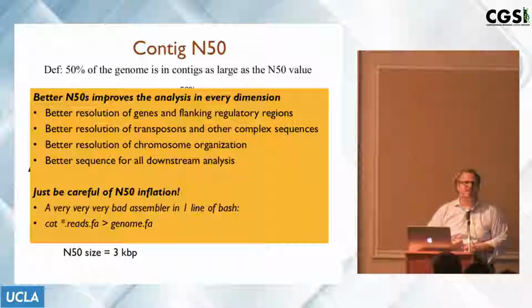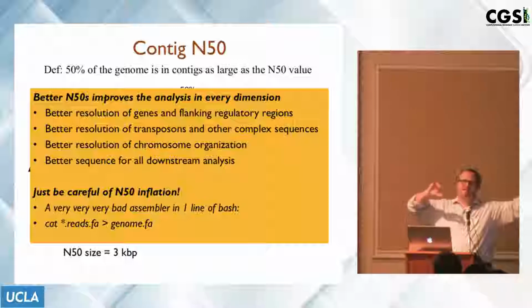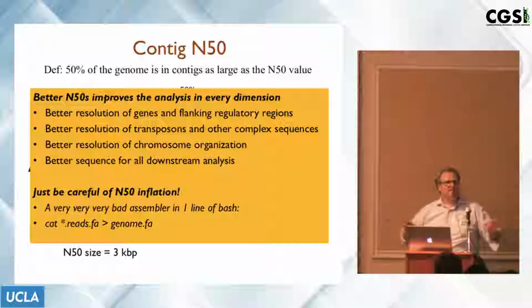You can get these artificially inflated sequences where horrible things happen, where part of chromosome 1 gets assembled with chromosome 2, gets assembled with chromosome 15. Crazy things can happen. But in general, all things being equal, you hope a bigger N50 is reflective of better contiguity.